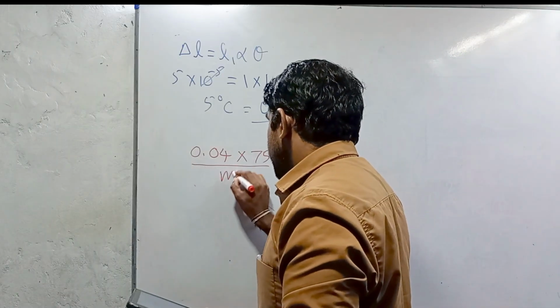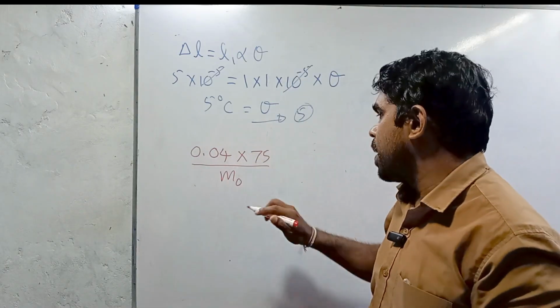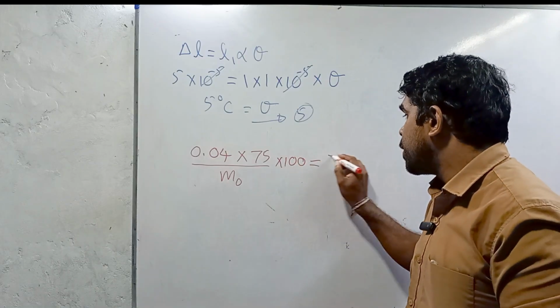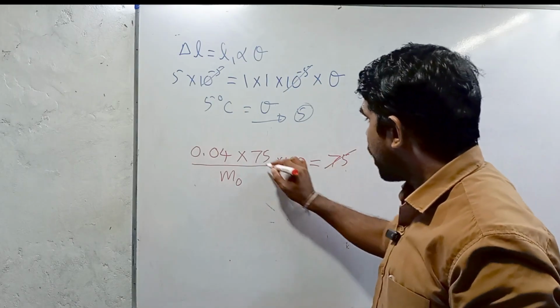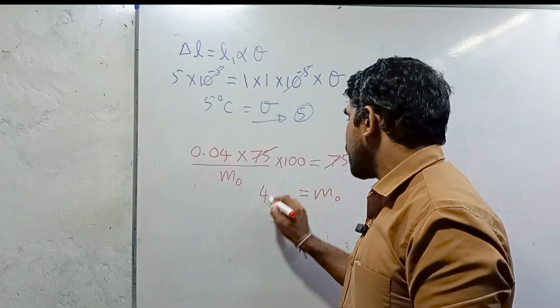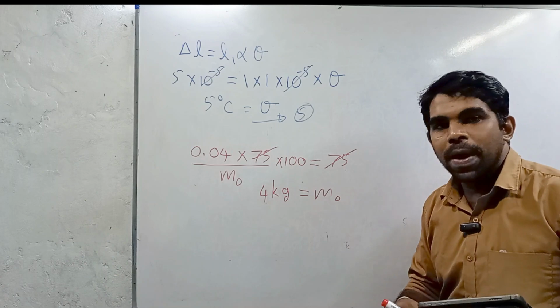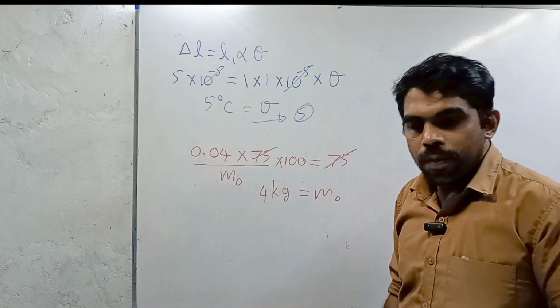Then if the vapor mass required to saturate is m0, we can divide by m0 and multiply by 100 to get the relative humidity. Relative humidity value is given as 75%. Now we can simplify it to find the value of m0. Then we can obtain 4 kilograms. This one is the vapor mass required to saturate the room.